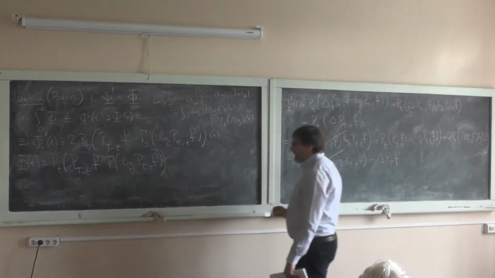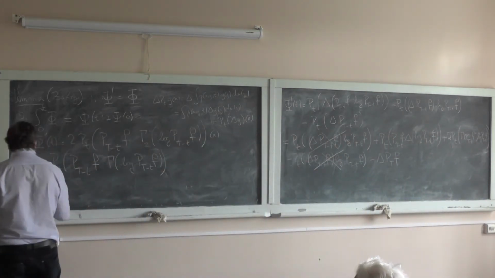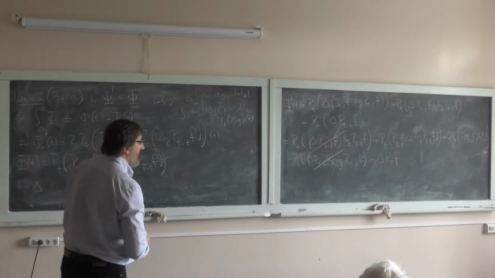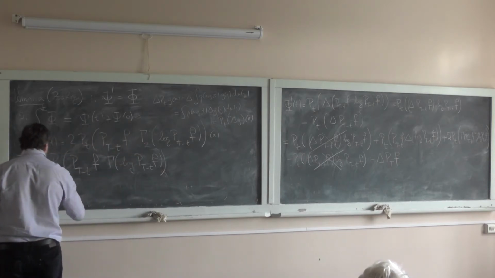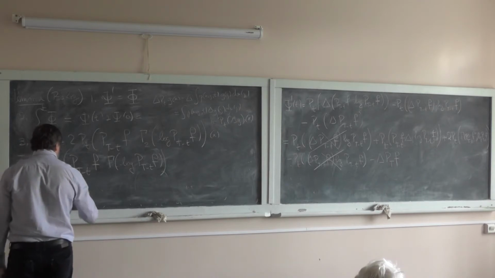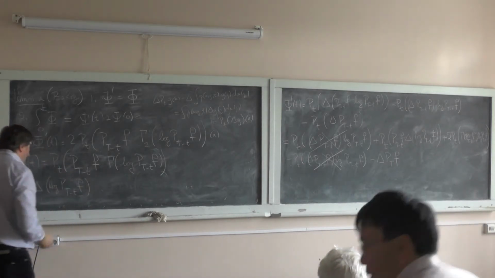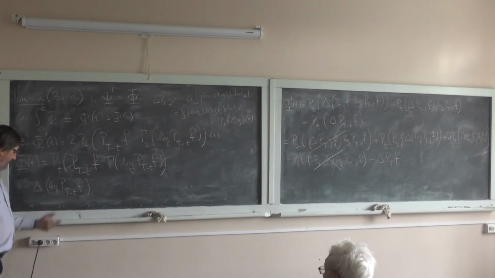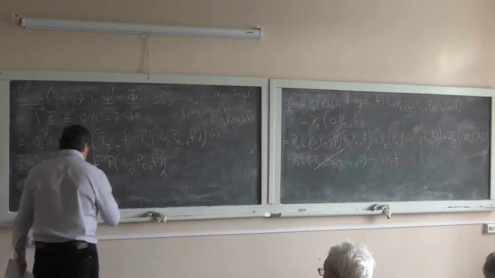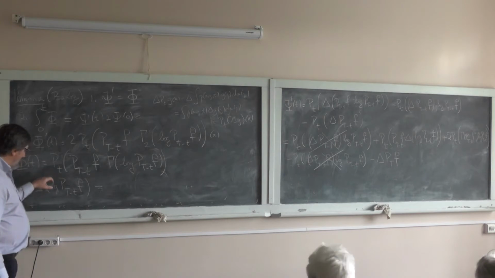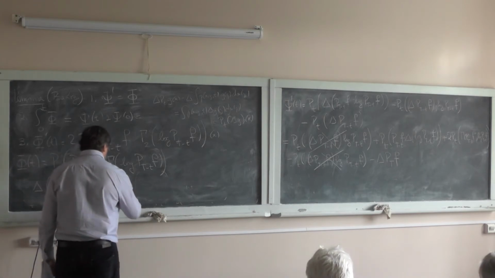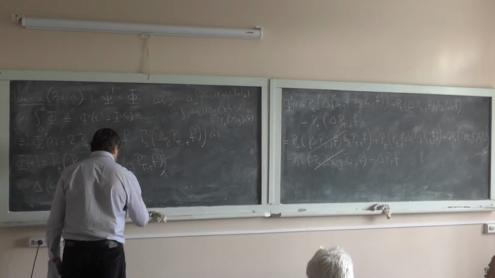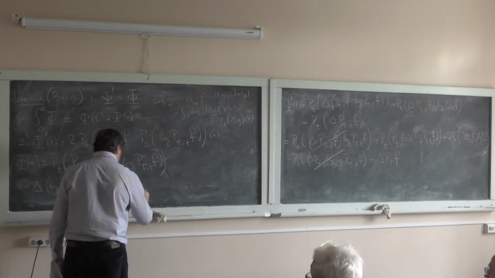So the Laplacian, so let me do it here. The Laplacian of log of t minus t f. So I have the composition of a function with another function on the line. So it's the second derivative of this function times the length of the gradient squared of this one. So this is equal to, so the second derivative is minus 1 over t minus t f squared.